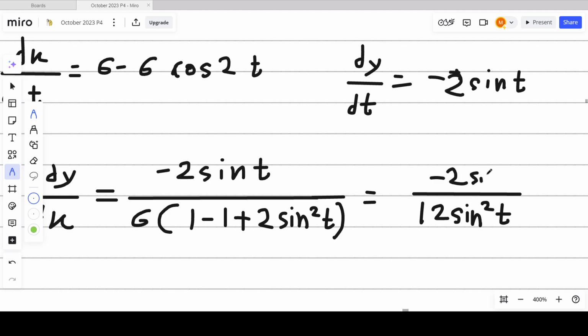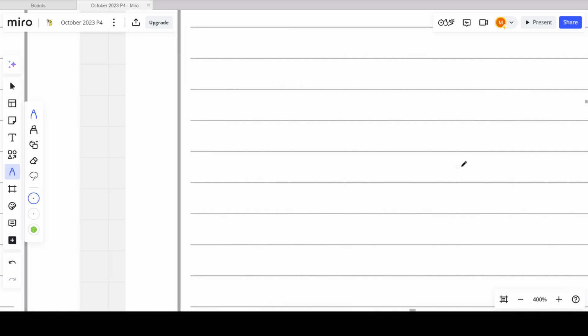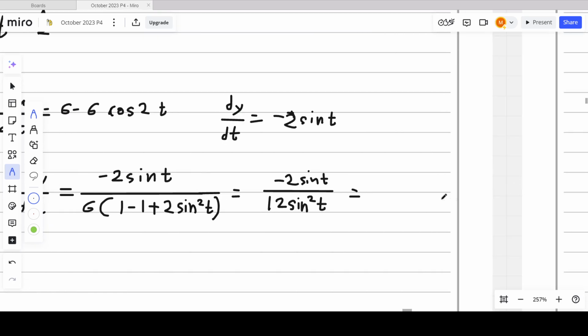So the value is negative 1 over 6, sine t over sine squared t, that is 1 over sine t, that is cosec t.